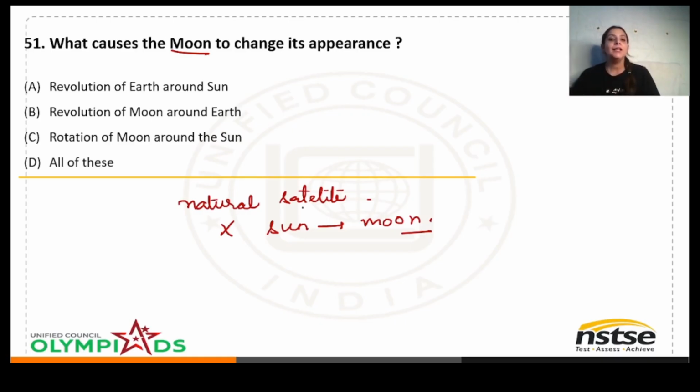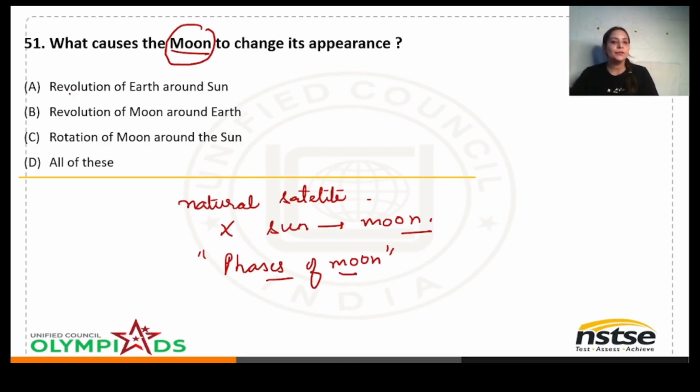That is the reason we can see different shapes of moon, and we call them phases of moon, like full moon to new moon. Full moon is basically when the whole surface gets illuminated, and new moon is when you cannot see moon, because it is far away from the sun and none of its part is illuminated. So these are phases of moon.